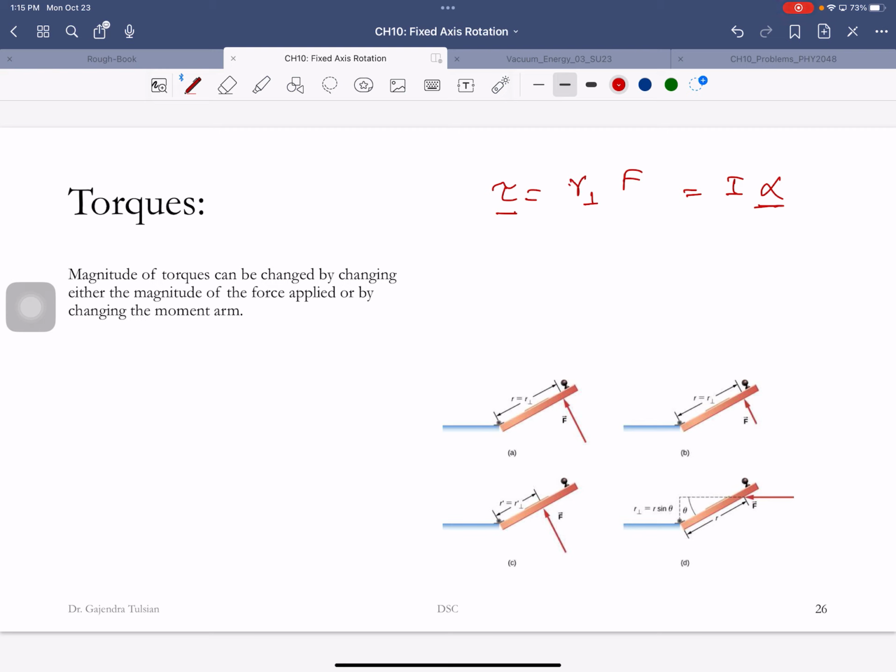Also, if you put the doorknob right on the axis, the moment arm would be zero, the torque would be zero, and you'll never open the door. So even Superman couldn't open the door if you put a doorknob right there. Of course, Superman would be able to pull the door off the hinges, but that's a different story.